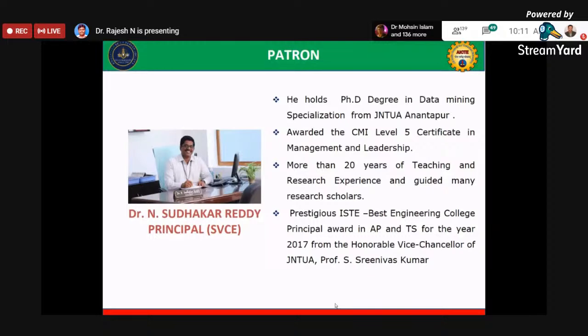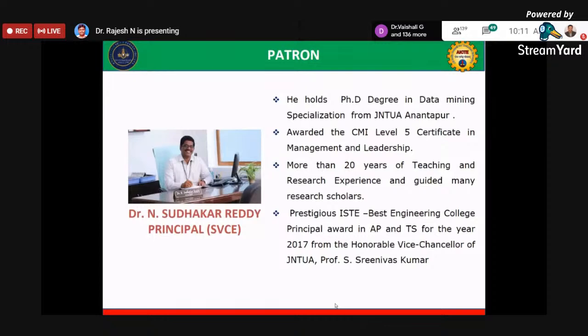We have successfully conducted two phases, and this is the third phase, and we will conduct one more phase soon. The four phases we are conducting are on nanotechnology and functional materials. My sincere thanks to AICTE for providing financial support to conduct this STTP. More than 15 resource persons are from IITs, NITs, and IISc, and from foreign universities like our Manoj Gupta sir.